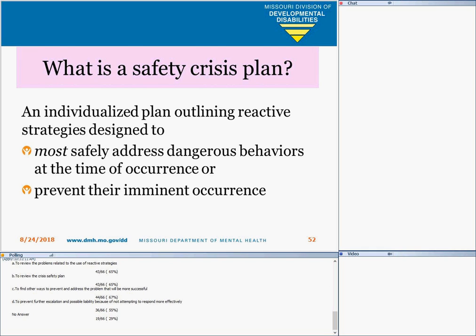I have a question about whether support coordinators obtain the informed consent to conduct a functional behavioral assessment if the team decides one is needed. You have to secure behavioral services.